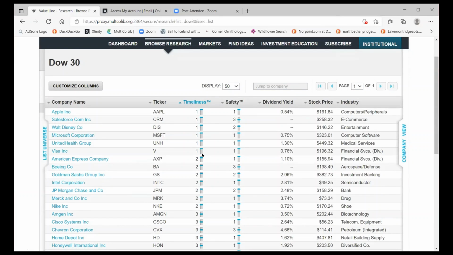And so the number one stocks are at the top, these are the Dows that they think I should own at this point in my life. And here is its safety rating and the dividend yield and its price. The industry I don't particularly care about because I generally know already, but the reason I have it there is that when I go to print it, it puts it on the page the way I want it.